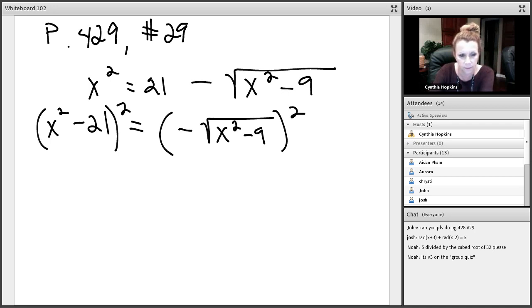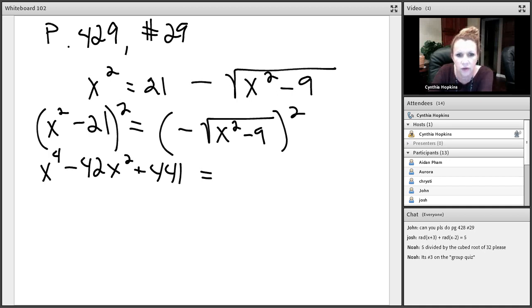On the left side, remember you cannot square terms, you square the whole quantity. I get x to the 4th minus 42x squared plus 441. On the right side, I square my negative, which becomes positive. Then I square the radical, the square root and the square cancel each other, and I get the stuff inside, so x squared minus 9.